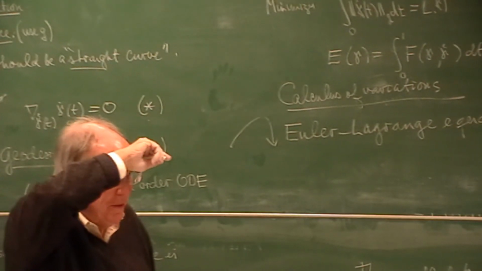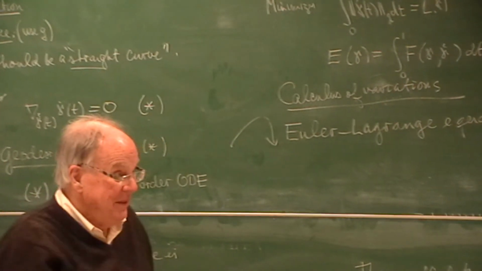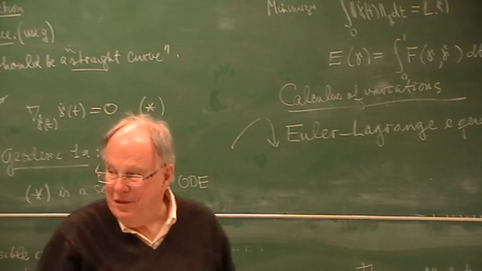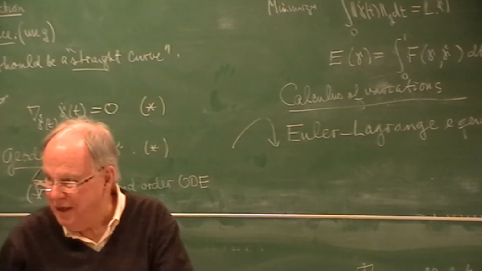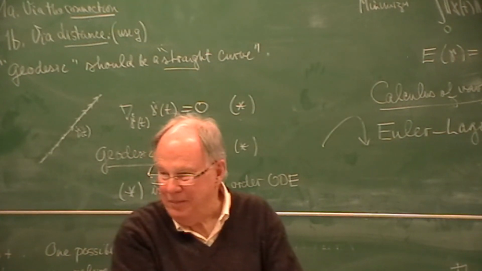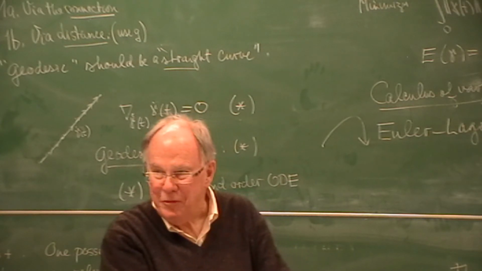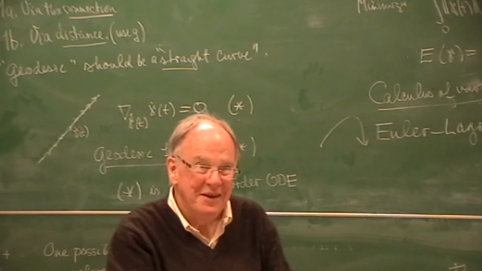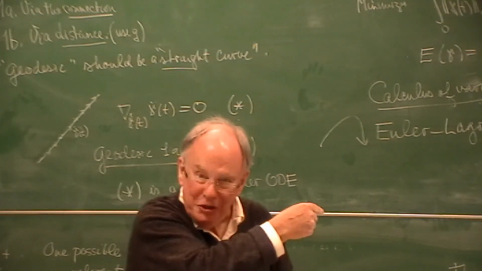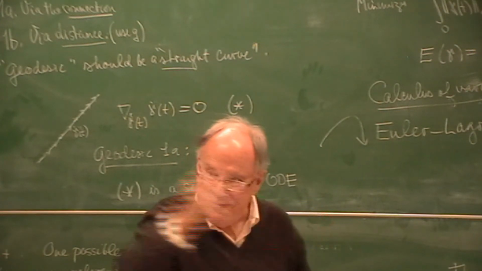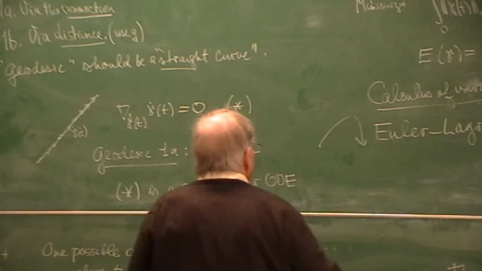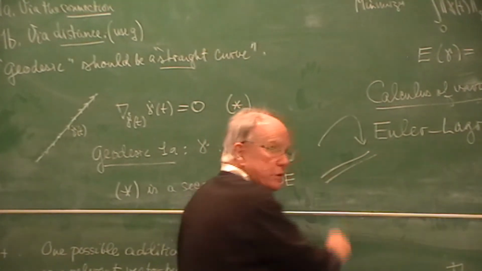The 18th century, basically. Very interesting. This is a differential equation that the curve has to satisfy to minimize the energy function. Guess what? It's a second order differential equation. Guess what? If you take the Levi-Civita connection, these differential equations are the same.